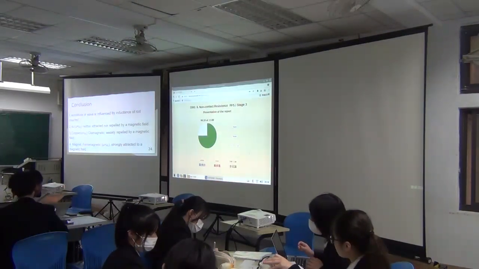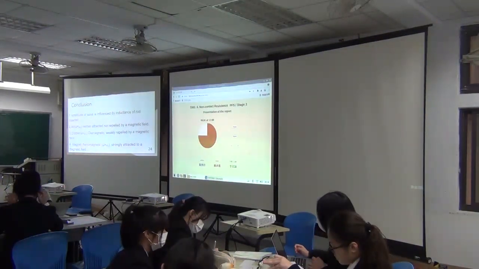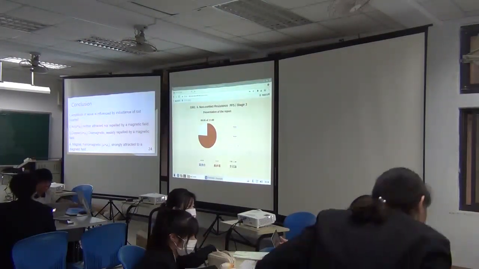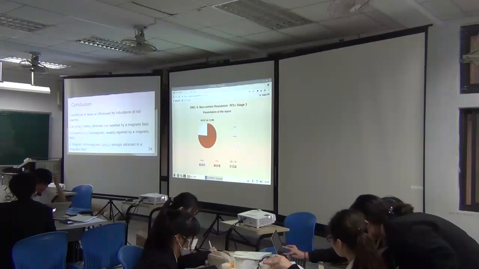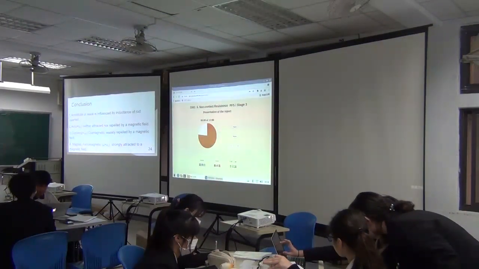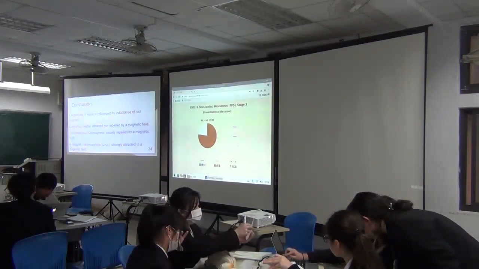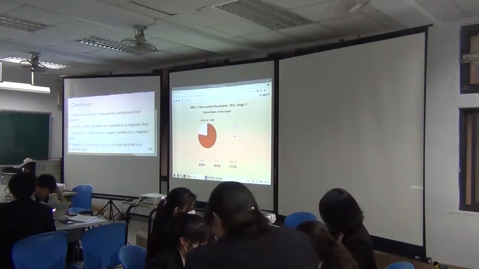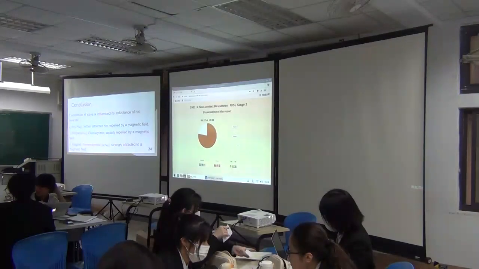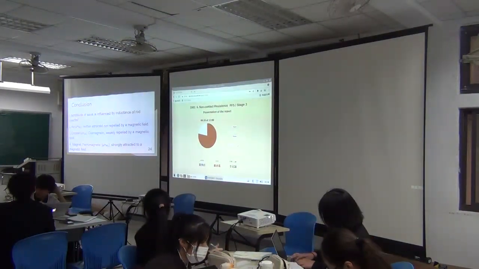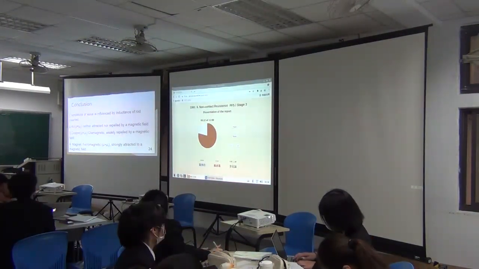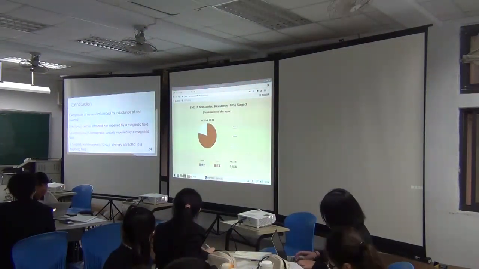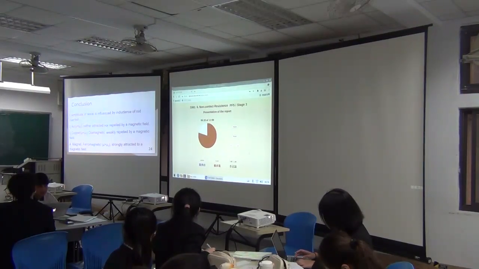Since the permeability of the original is bigger than the copper one, copper will be weakly repelled by a magnetic field. And last but not least, magnetic and ferromagnetic materials will be strongly attracted by a magnetic field.